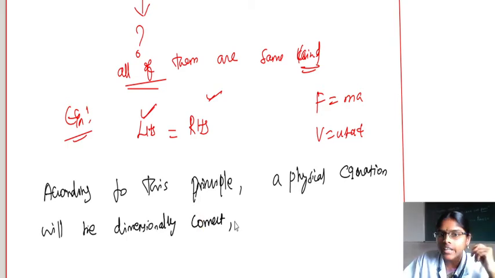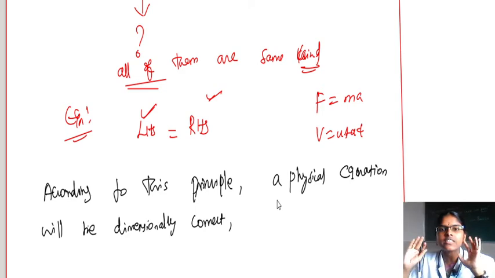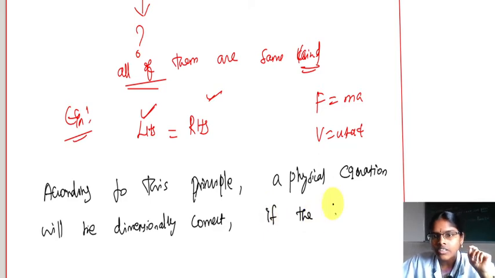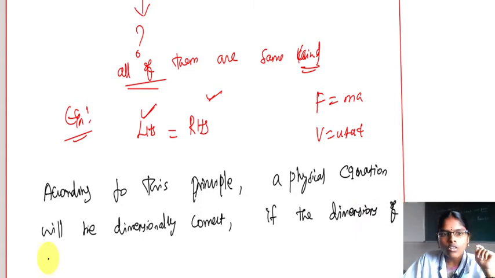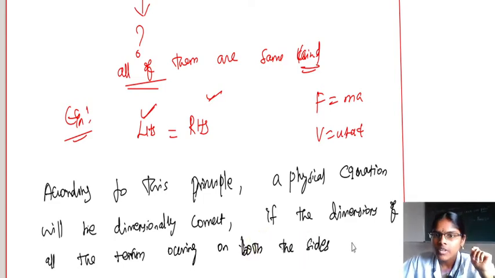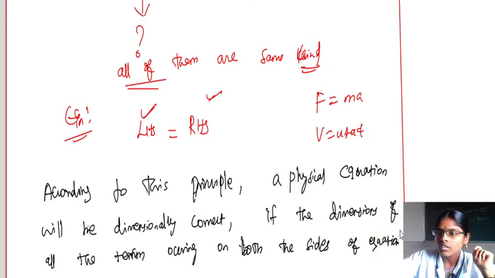If both the sides of the equation have the same dimension. Am I correct? So a physical equation will be dimensionally correct if the dimensions of all the terms occurring on both the sides of the equation are the same.